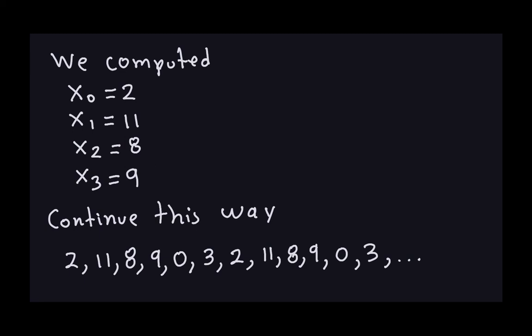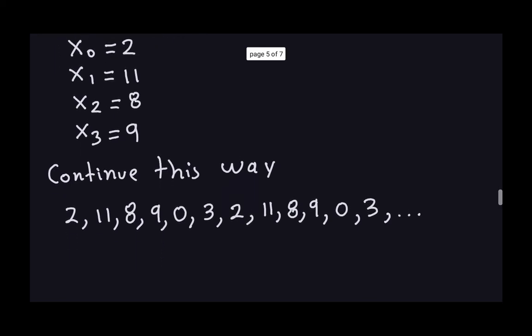You continue this way and you can generate a pseudo-random number sequence. So you end up with the seed 2, then 11, then 8, then 9, then 0, and then 3.